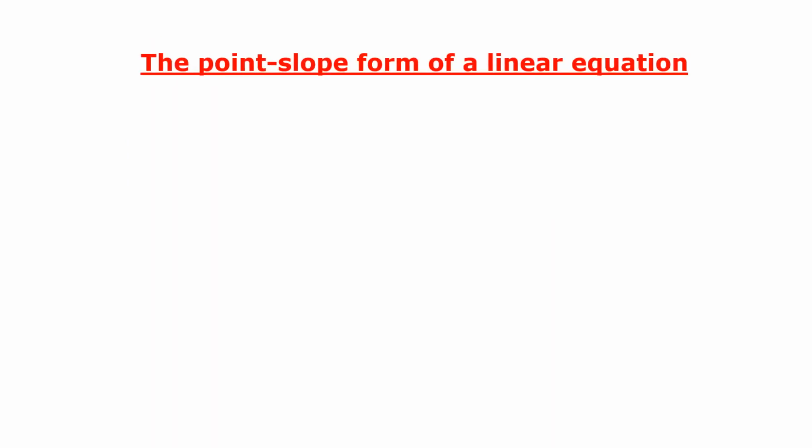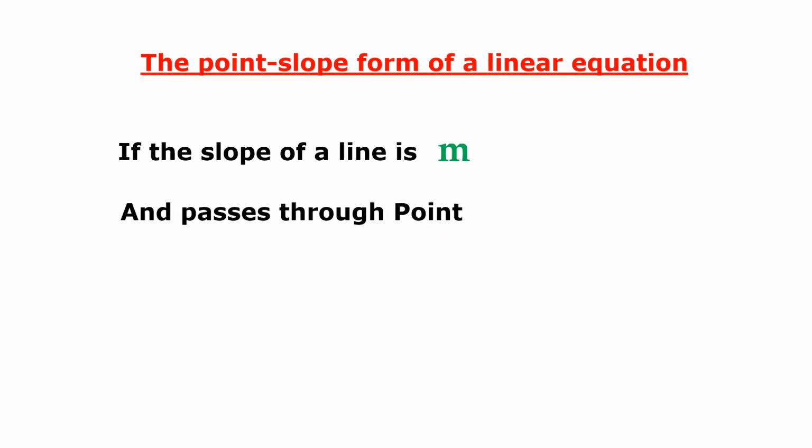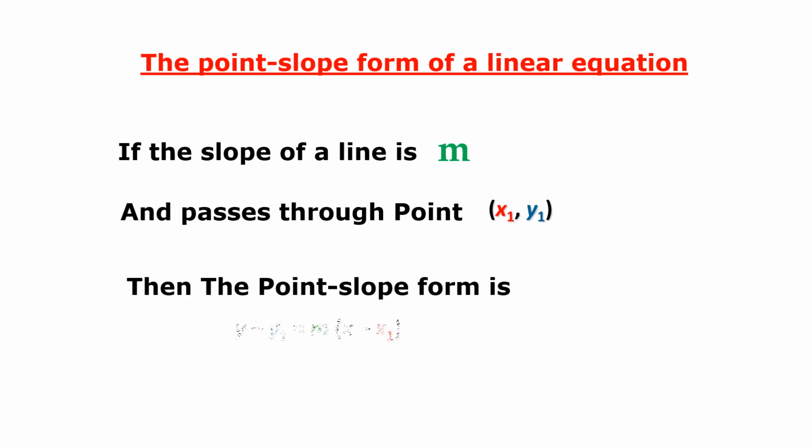The point slope form of a linear equation. If the slope of the line is m and the line passes through the point x1, y1, then the point slope form will be y minus y1 equals m times x minus x1, such that m is the slope and x1, y1 is a point that belongs to the line.